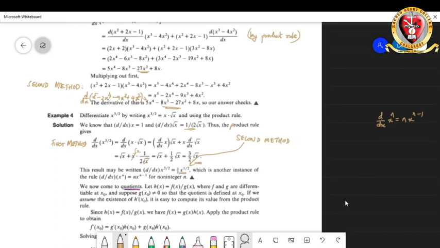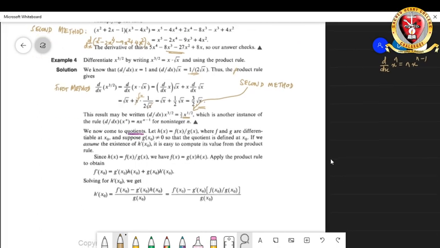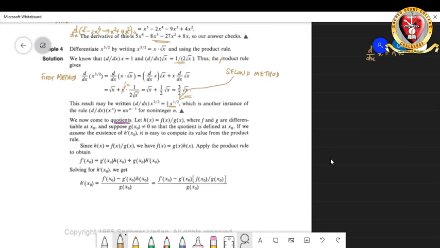And the next comes how to deal with quotients. So for quotients, you have two functions f of x and g of x. So h of x is equal to f of x by g of x, where f and g are differentiable at x naught. And when we are talking about quotients, always emphasize the fact that the denominator at x naught is not equal to 0.